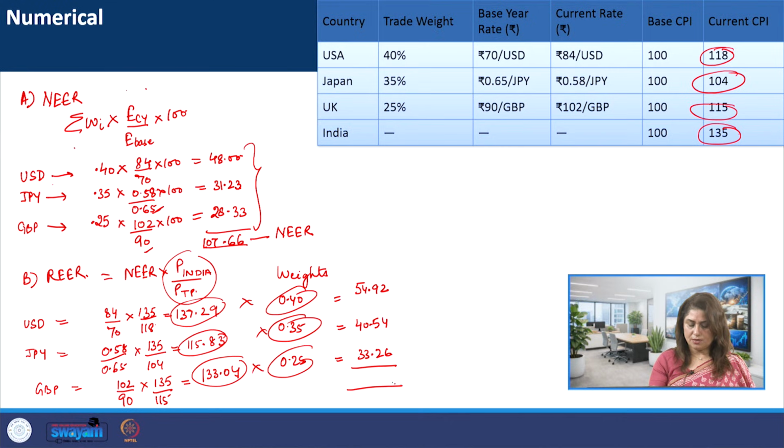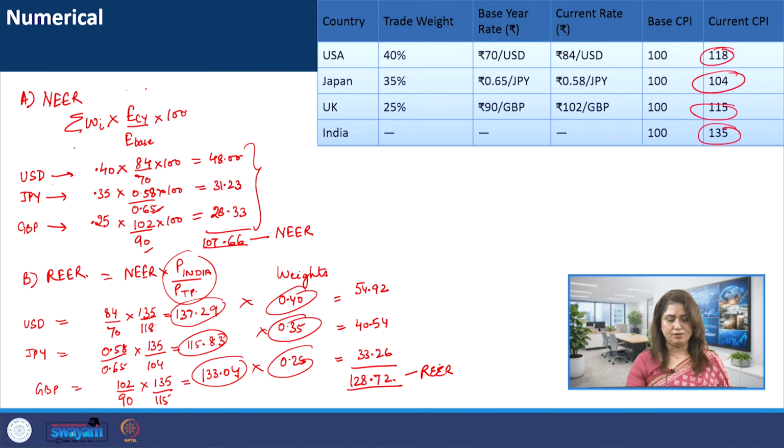The total comes out to be 128.72. So this is the REER, which we have got after adjusting for inflation from the NEER figures.